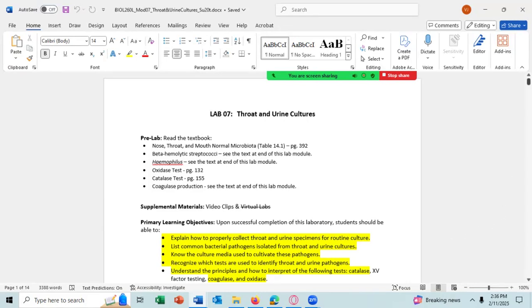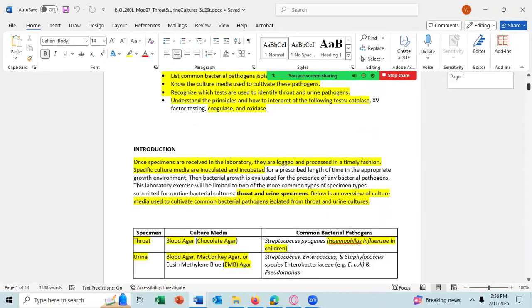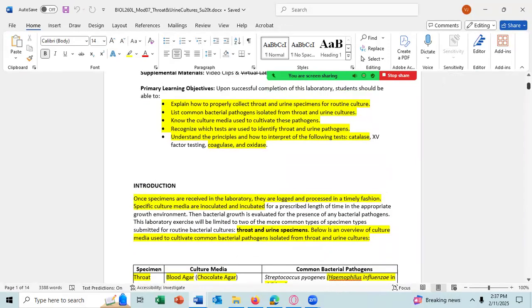The learning objectives for this lab are: be able to explain how to properly collect throat and urine specimens for routine culture in the lab, list the common bacterial pathogens isolated from throat and urine cultures, know the culture media used to cultivate these pathogens, recognize which tests are used to identify throat and urine pathogens, and then understand the principles and how to interpret the following tests: the catalase test, the coagulase test, and the oxidase test.